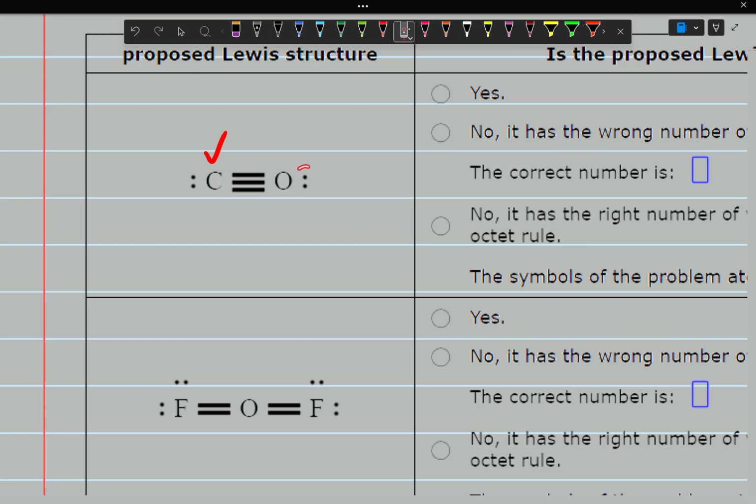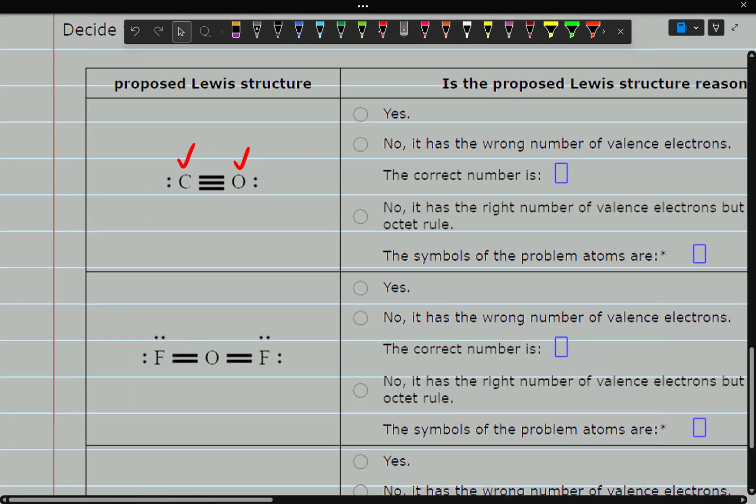And oxygen has a lone pair over here, and those same 3 pairs of electrons. So oxygen has satisfied the octet rule. What about the valence electrons? Does it have the correct number of valence electrons?